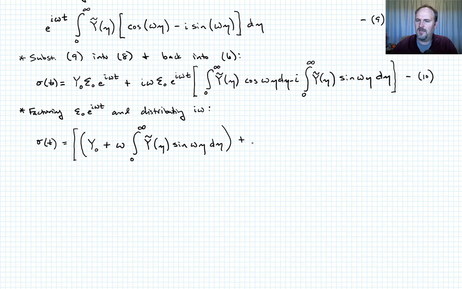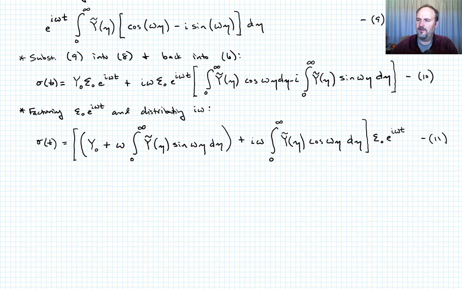And then I have a plus i omega times the integral from 0 to infinity of y tilde of eta times cosine of omega eta d eta. All of that times our factor, which is epsilon naught e to the i omega t.